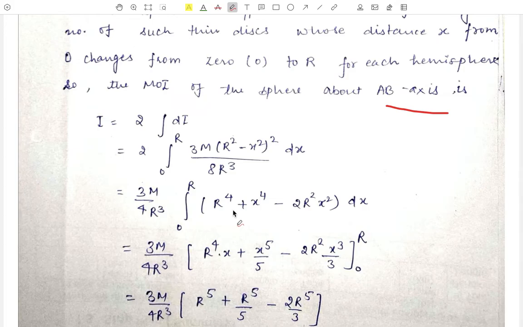On integration, r raised to power 4 is a constant and is multiplied by 1, and integration of 1 is x; x raised to power 4 integrates to x raised to power 5 upon 5; minus 2r square is a constant, and integration of x square is x cube over 3, from 0 to r.